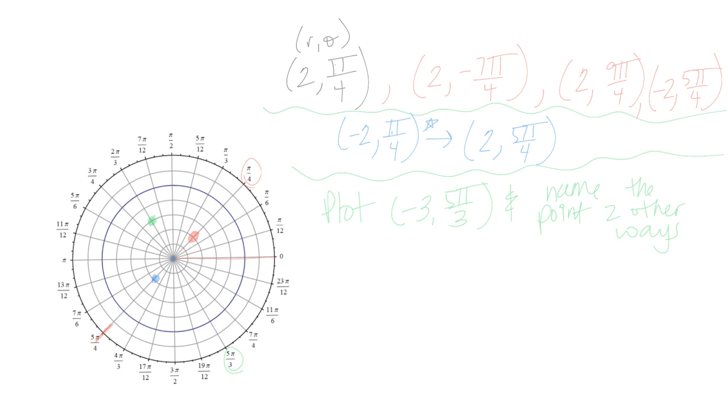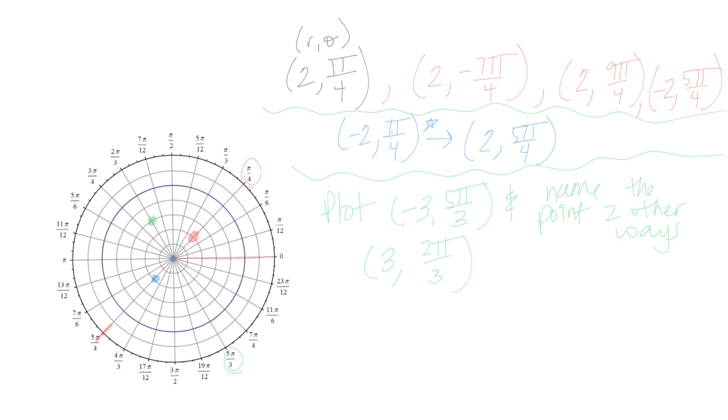Now I want to name the point two other ways. Well, one way is easy. I could just do the point 3 comma 2 pi over 3, because that's where I landed. With the positive r value, I would just go along 2 pi over 3, and that's the point. The other way, I can do something coterminal with the one I just came up with.